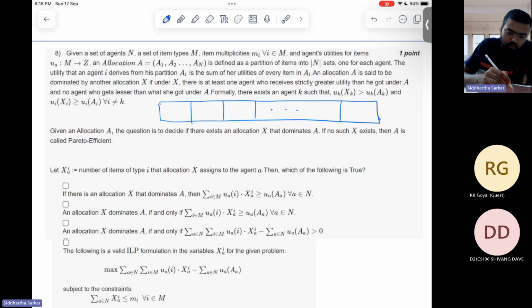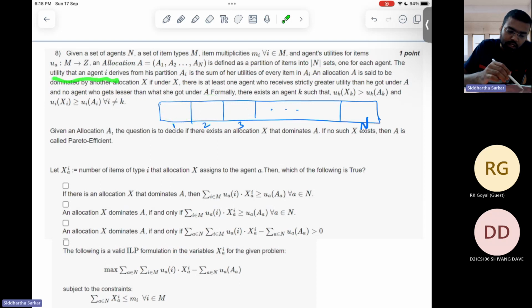So this is box 1, box 2, box 3 up to n. You put some of the items in box 1, some of the items in box 2, some in box 3 like that. So you have m items. An allocation A is nothing but a partition of these m items into n boxes or sets, and each box is for an agent.